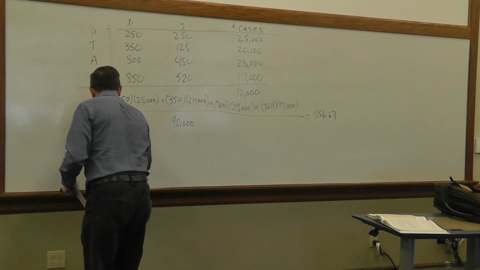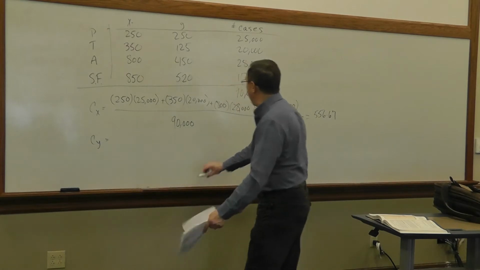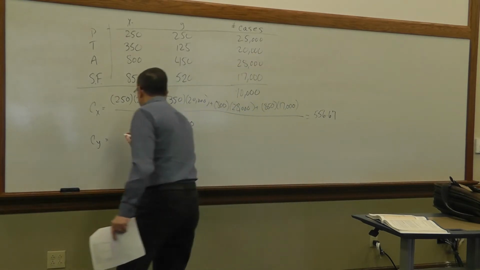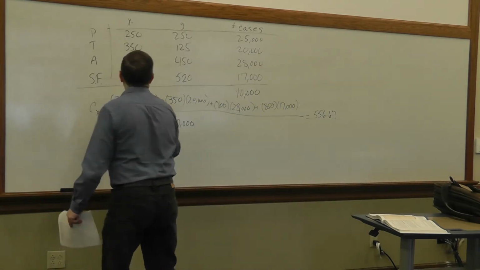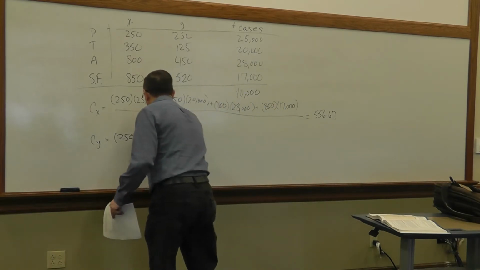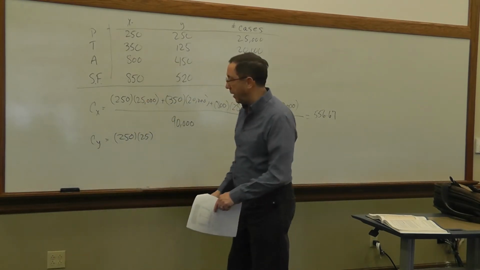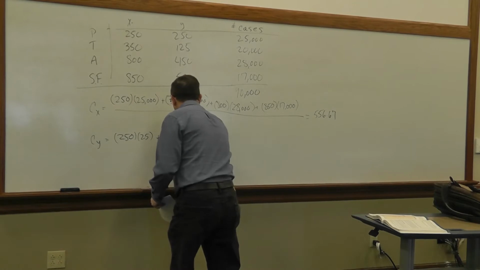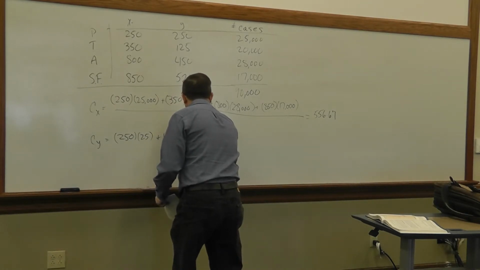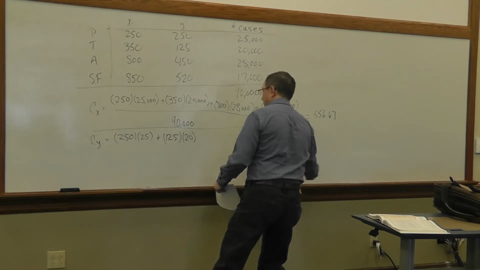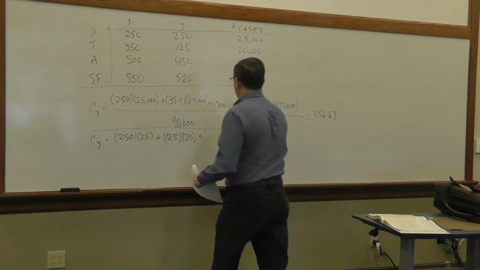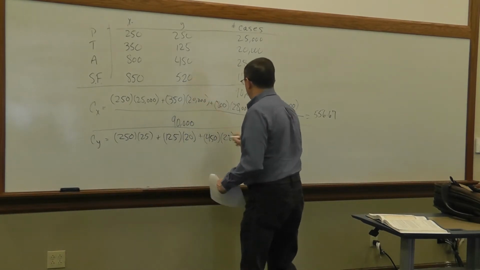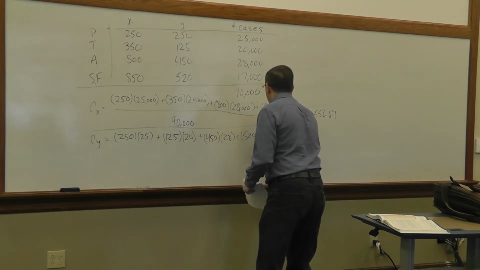C sub y, what's the y-coordinate of the centroid? The exact same formula, but instead of using x-coordinates, use y-coordinates. 250, well, it's the same because our x and y are the same for Phoenix, but otherwise it's going to change. 25, and now I'm going to go shorthand, plus 125 times 20, plus 450 times 28, plus 520 times 17.